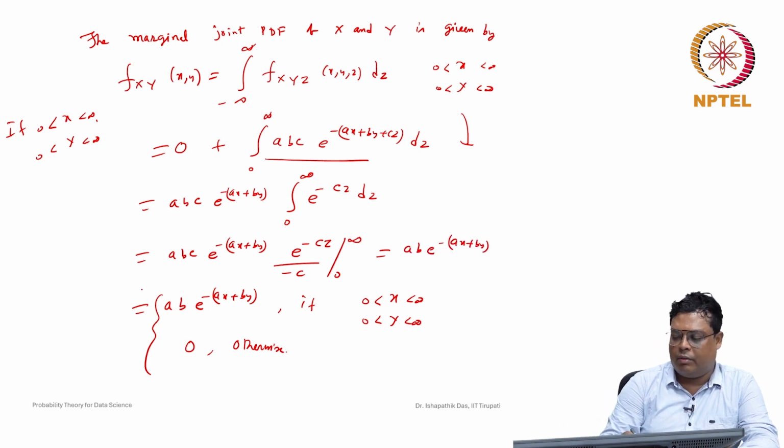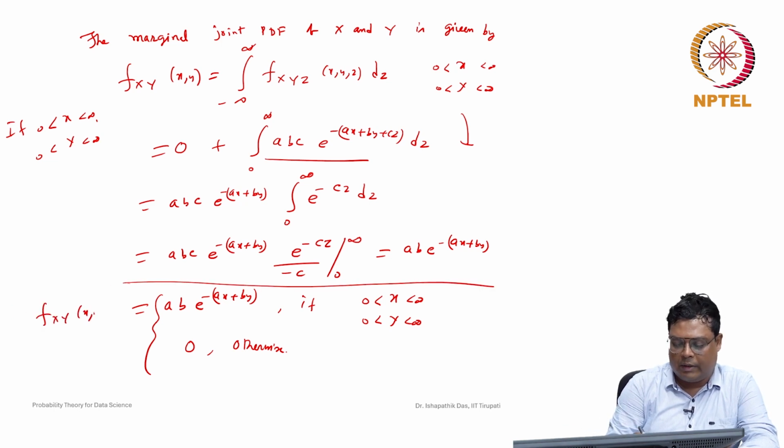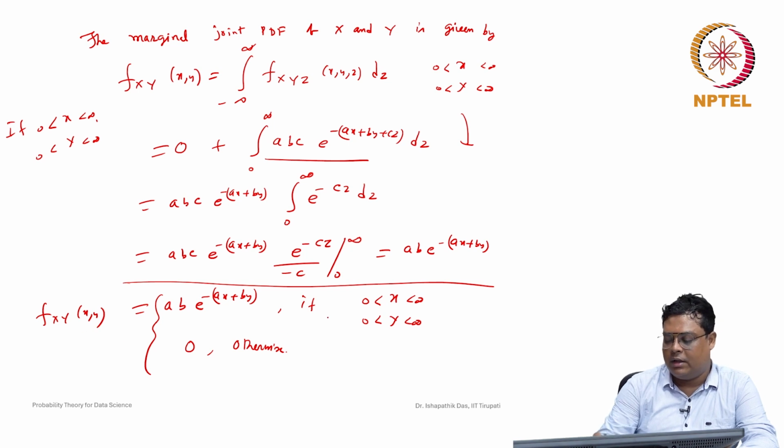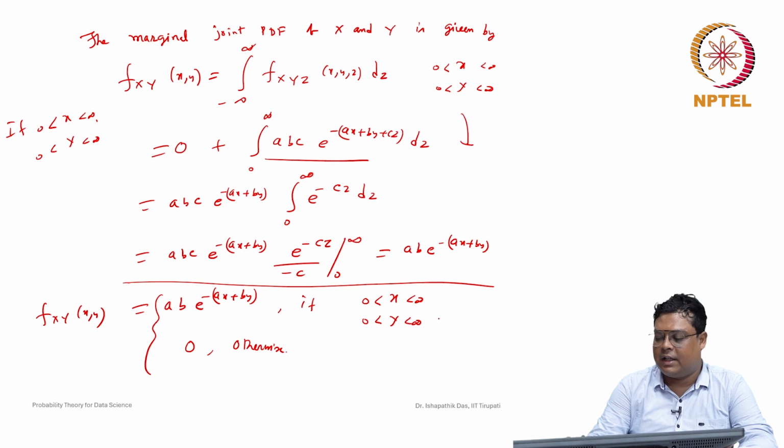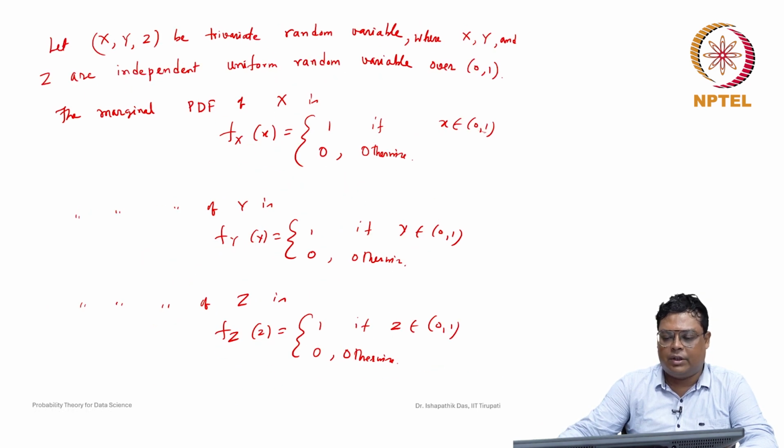Hence f of xy can be represented by ab e to the power of minus (ax plus by) if x is greater than 0 and y is greater than 0, and 0 otherwise. This is the marginal joint probability density function of xy we found. So this was the question.